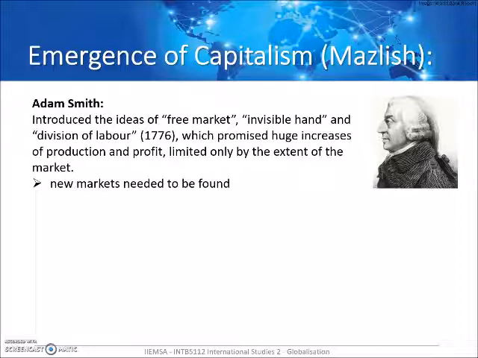And the division of labor was the idea that you can produce much faster if you don't have one person, let's say, building a whole car, but you have 100 people and they just do a small part of the labor. So one person will only, I don't know, do the wheel. I don't know enough about cars. Car was not a good example, but I think you get the idea, right?